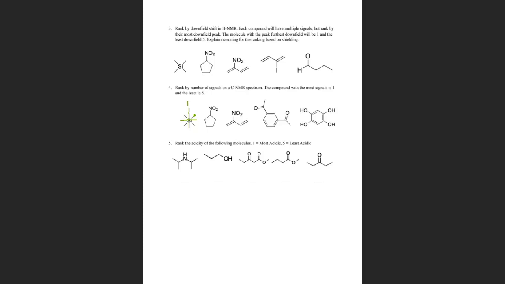For the NO2 compound, we have a plane of symmetry going right down the middle, giving us 3 carbons on either side, so 3 distinct carbons and 3 signals. With this one, we don't have any planes of symmetry because this NO2 is in a weird spot, so each carbon is chemically distinct, giving us 4 signals.